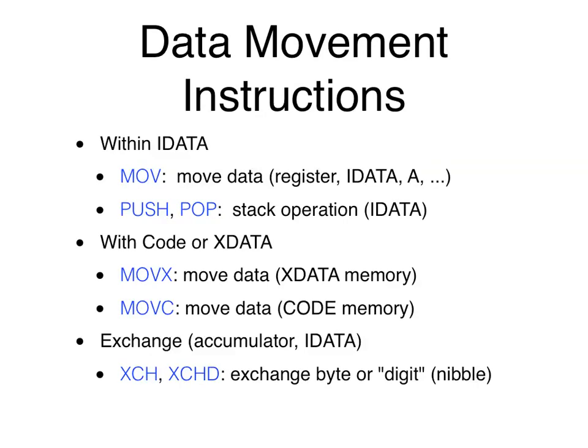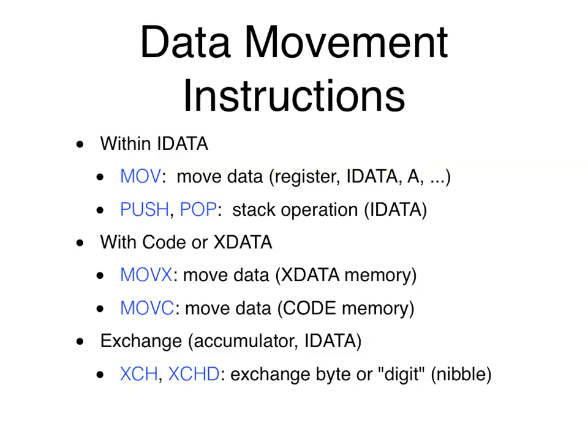So first, data movement instructions. Now there are a couple of these instructions for just moving data. They have to do with data residing in iData, data residing in code memory, or xData. Remember, there's three memory spaces, right? So they're roughly divided like this.